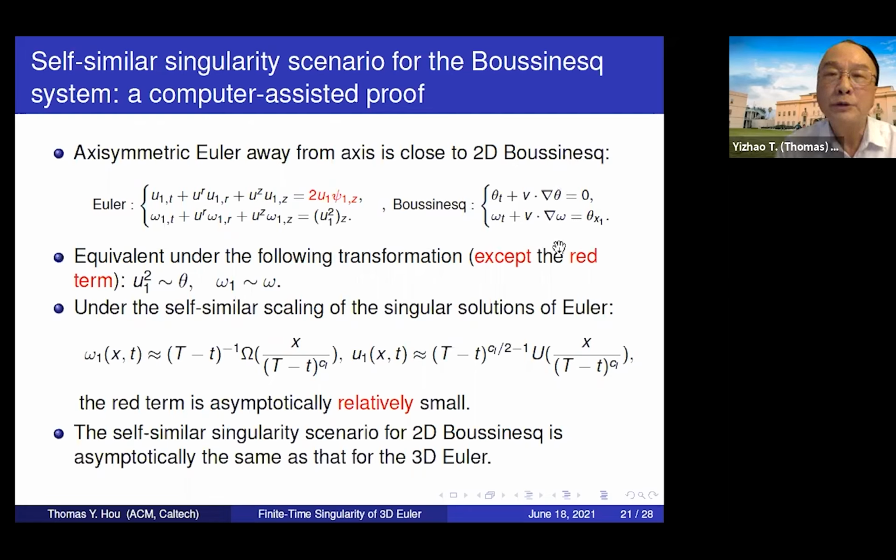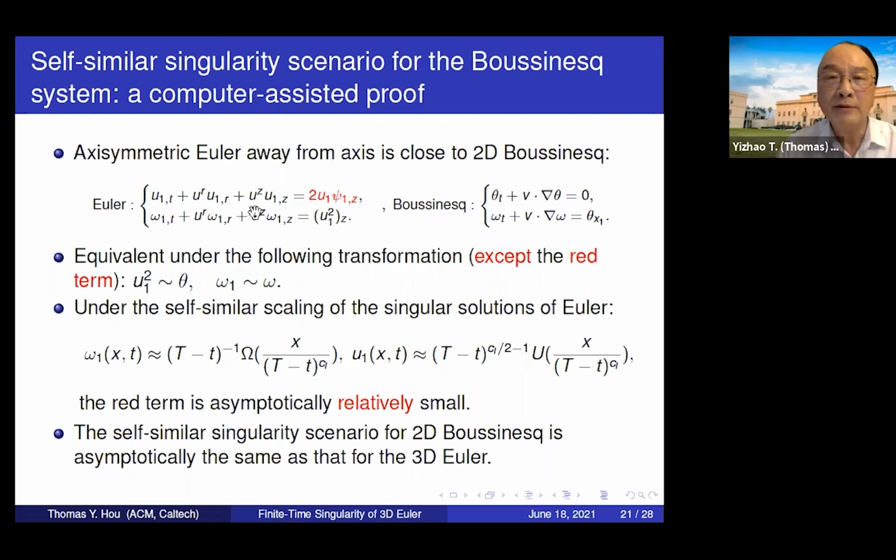So these two equations have the same scaling property. So if you again let u1 squared be theta, where theta is the density for the 2D Boussinesq equation, and omega 1 be equal to omega in the 2D Boussinesq equation, if you look for self-similar blow-up for the 3D Euler equation, it turns out that this additional term from the 3D Euler equations is asymptotically small, vanishing.